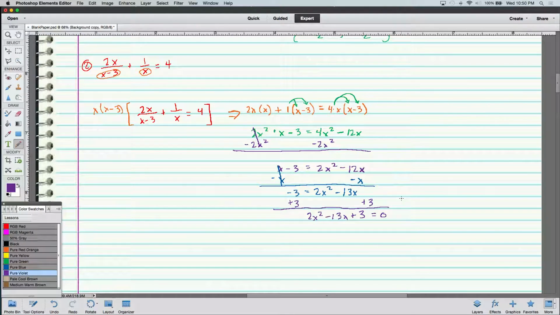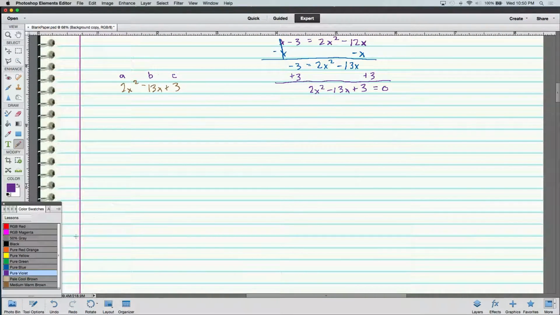So now we have everything on one side of the equation. So what does that tell us? Well, just writing it back over on this side. What that tells us is that the 2 is the a, negative 13 is the b, and 3 is the c.